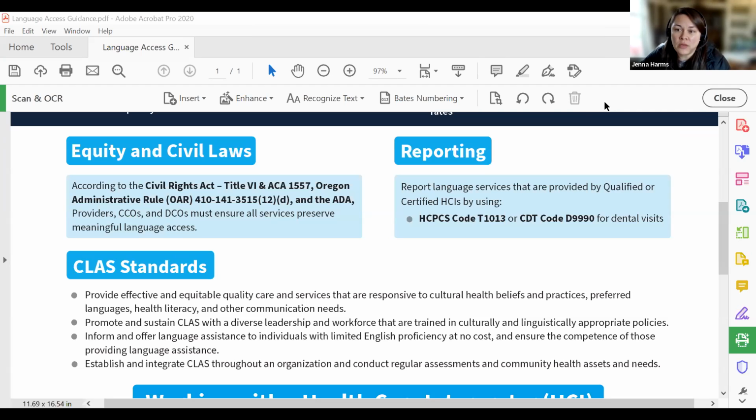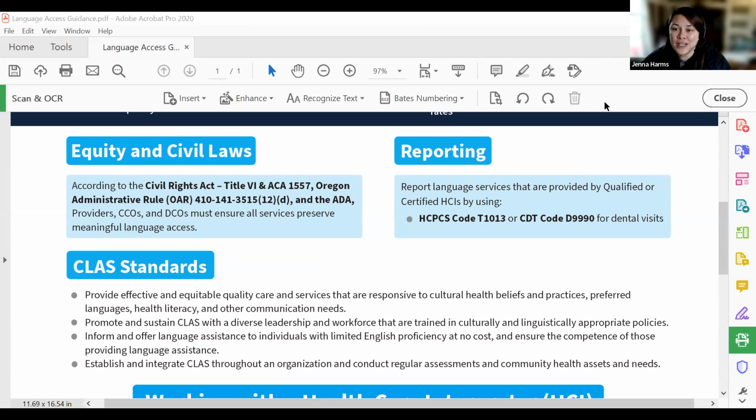And actually, there's a pretty big movement happening right now when you think of health equity and good quality care, to shy away from using family members, friends, or caregivers as an interpreter.